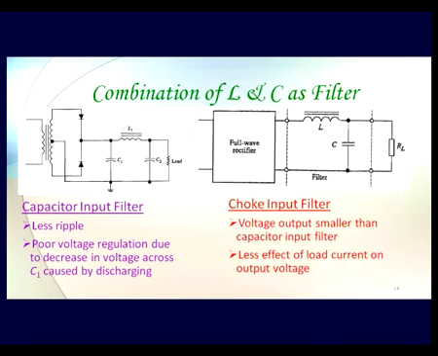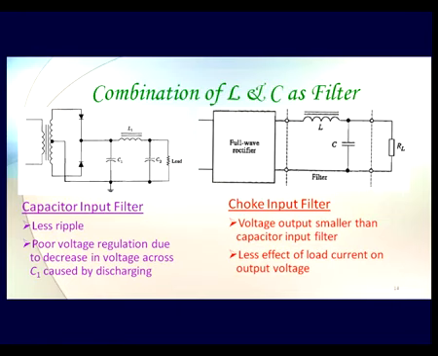But we can also have something called an L filter. L is in the shape of the component arrangement here. There at the input we have an inductor, and a capacitor is put in shunt or in parallel with the load. In this case the voltage output is smaller than the capacitor input filter, as I was telling you, because the capacitor can charge to the maximum value, whereas the inductor will never allow this capacitor to charge to maximum value.